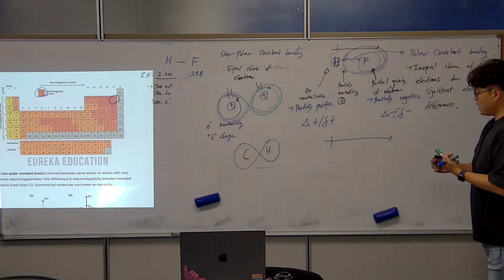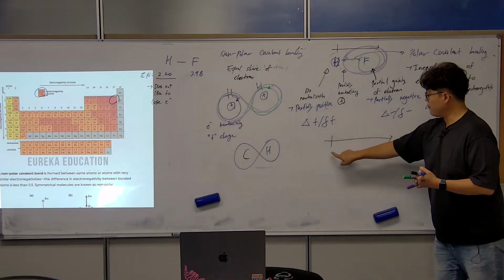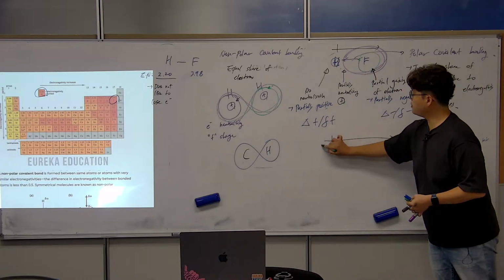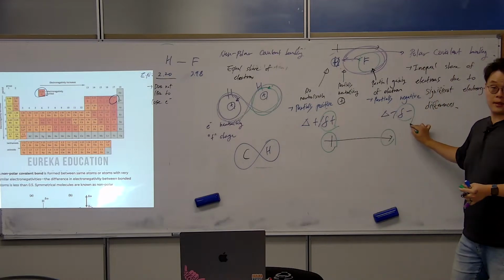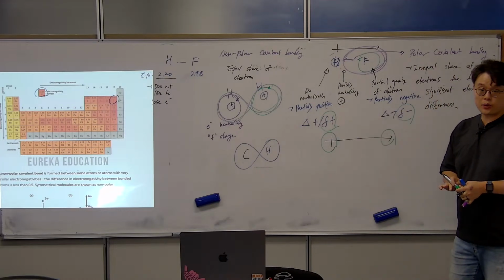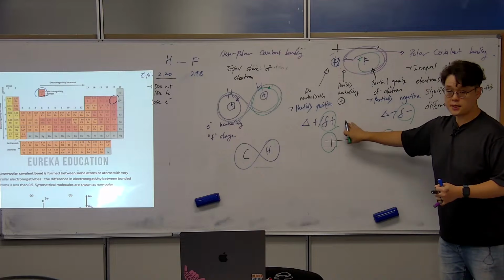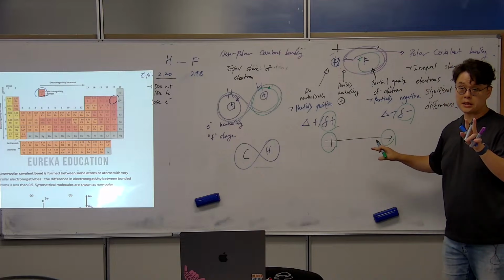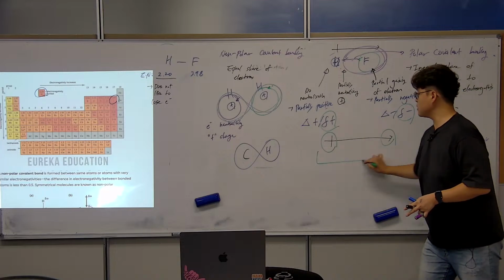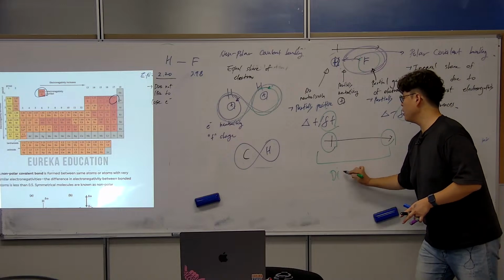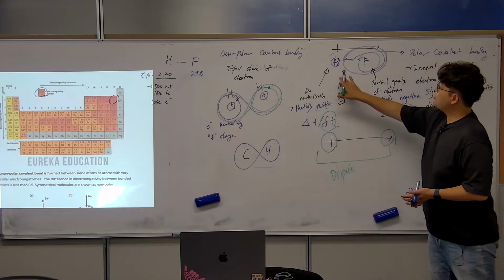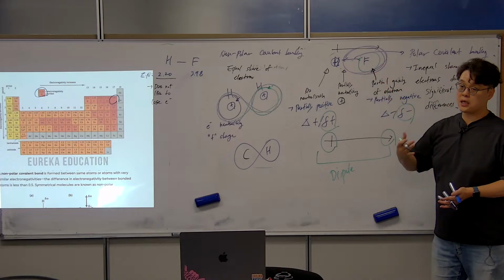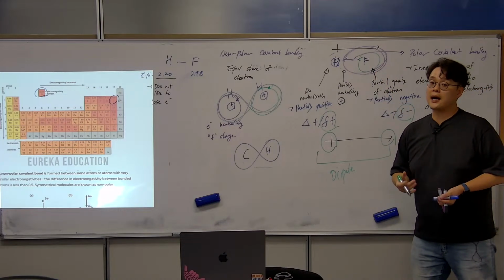Now, from here, what you can see is we have plus and minus there. So how many polarities do we have in here? We have plus and minus, we have two polarities. So I call this situation a dipole. So hydrogen fluoride, we now say, has that dipole.